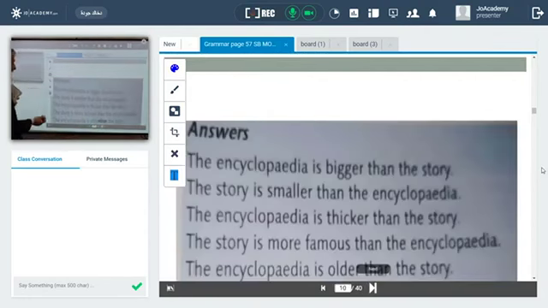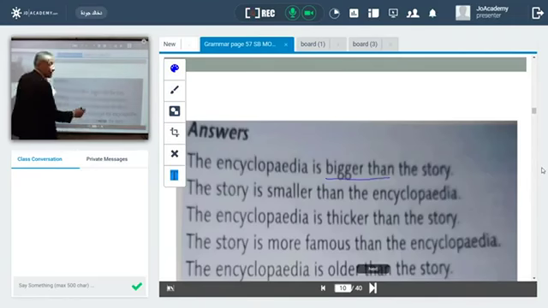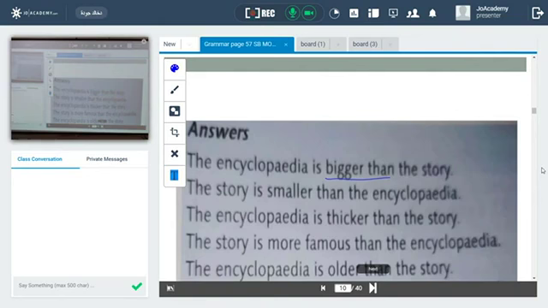Here we have the encyclopedia is bigger than the story. The story is smaller than the encyclopedia.